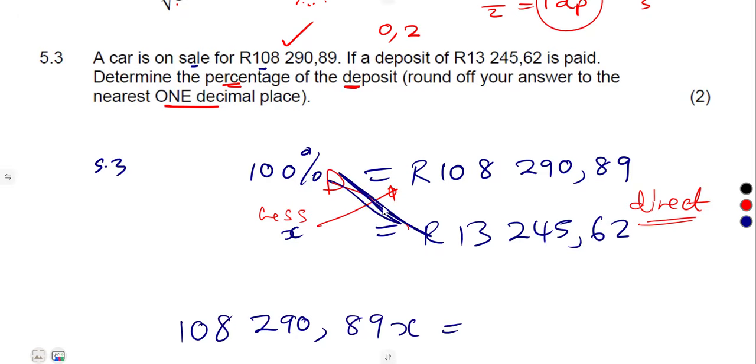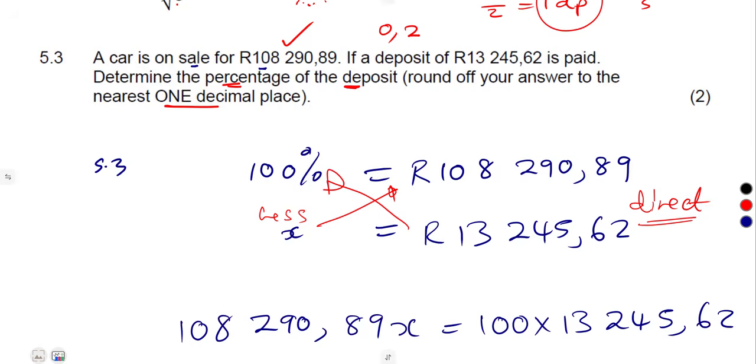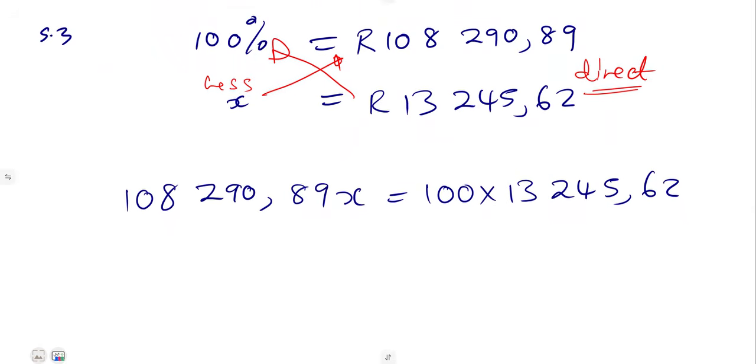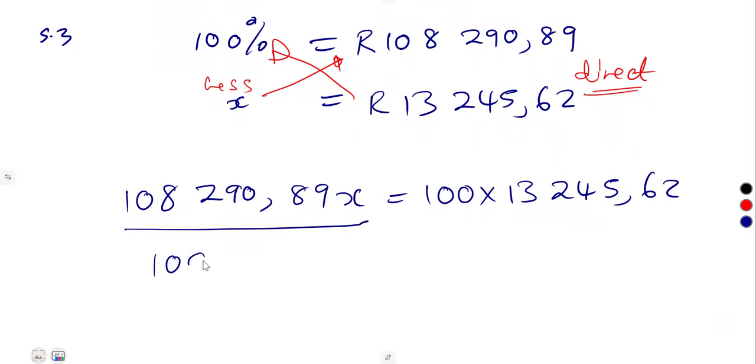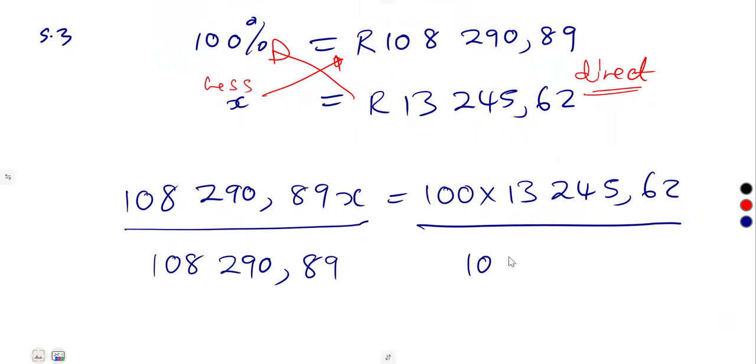Then we multiply these two. That's 100 times 245.62. So to find our x, as we have got a product, simply divide, all right, by what we are given on the left-hand side, all right? So that's simply divide here.